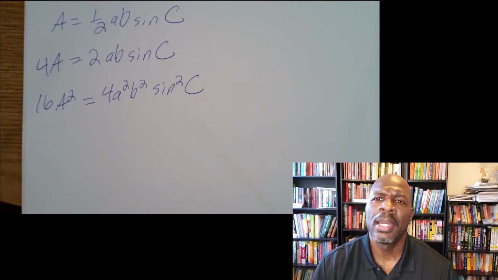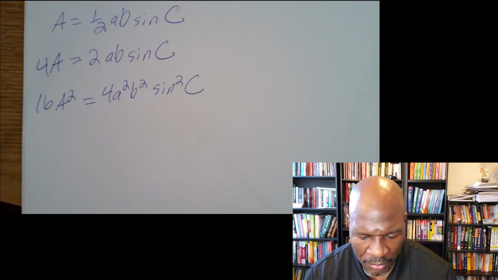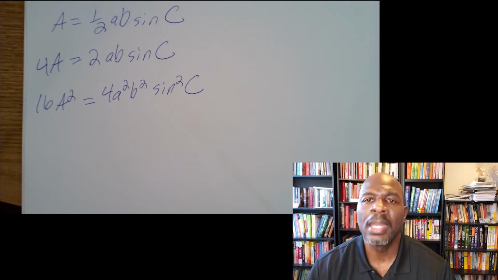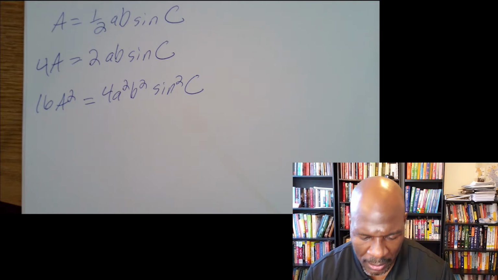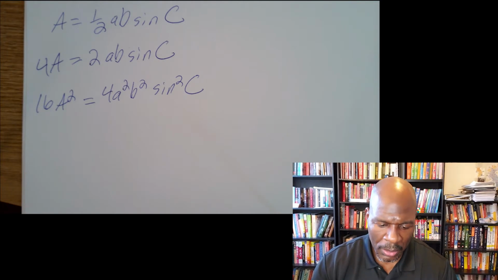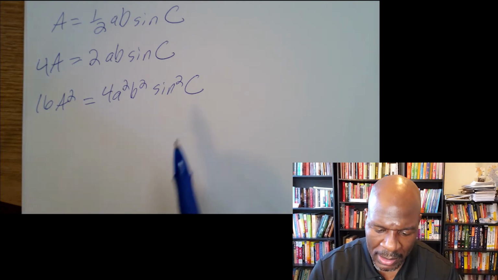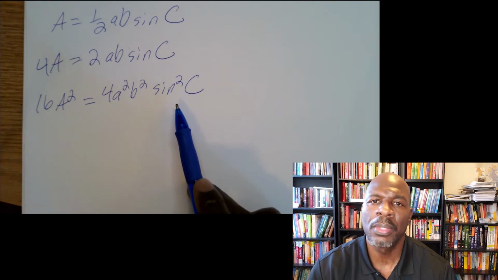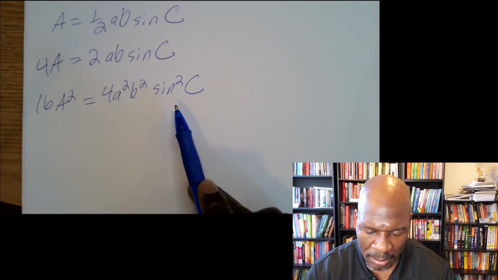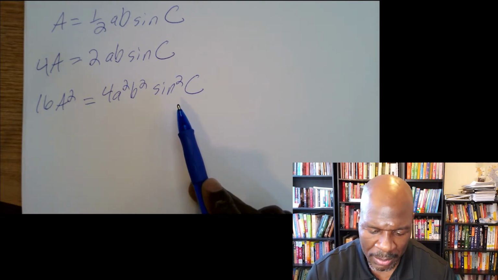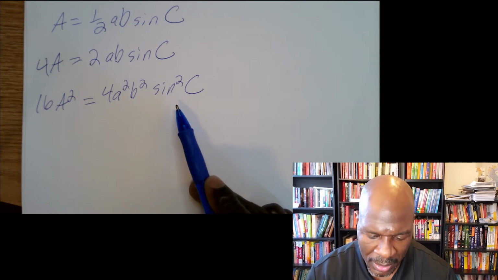Now, why did I want to multiply by 4, and why did I want to square? Well, what squaring did is it gave me sine squared, so I can manipulate some trigonometric identities, Pythagorean identities in particular.